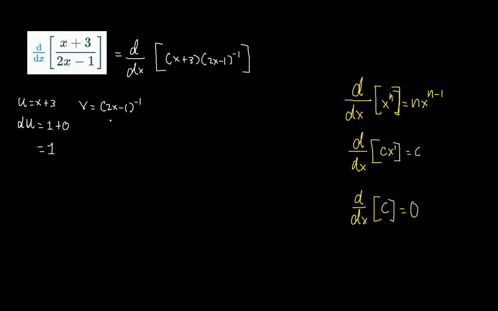Now, how about this one? Since your v is equal to 2x minus 1 raised to negative 1, what are we going to do? Here we're going to use the chain rule, but in the simplest technique, because the other technique will take a lot of time.